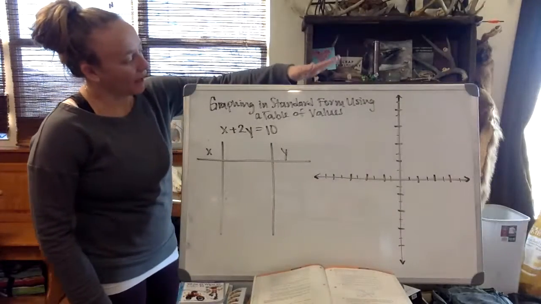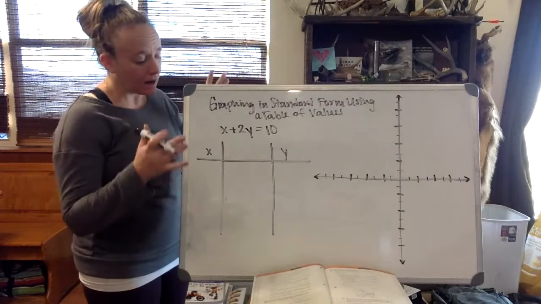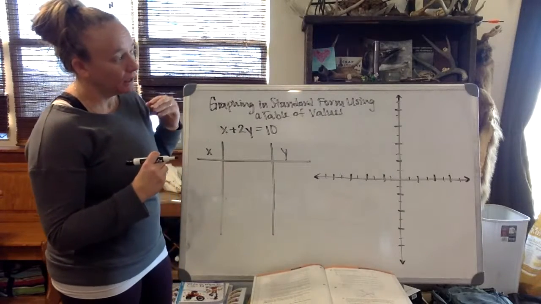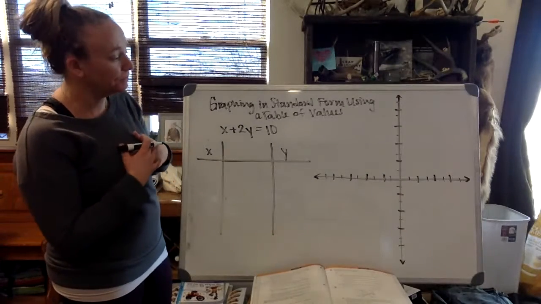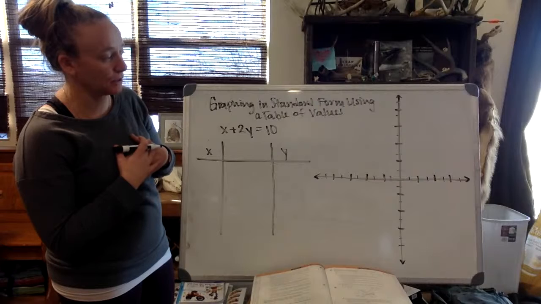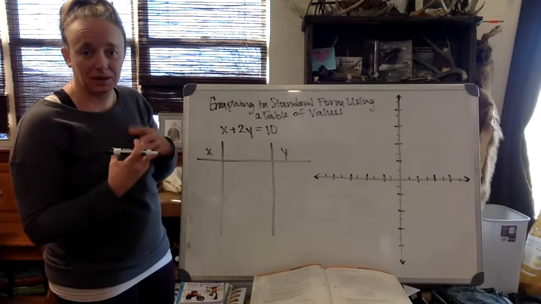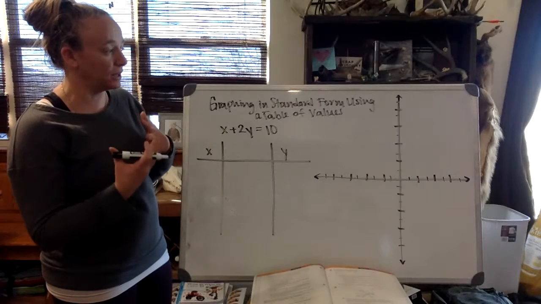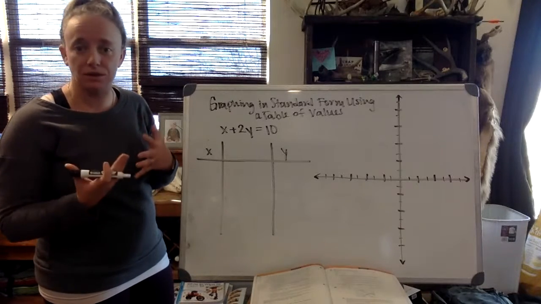We're going to look at graphing some equations using standard form using a table of values. Now, if you have started working on the must-do practice problems, which is totally fine, you might have run into a little thing where you needed to create a table of values, putting in x values and finding corresponding y values given this certain situation.